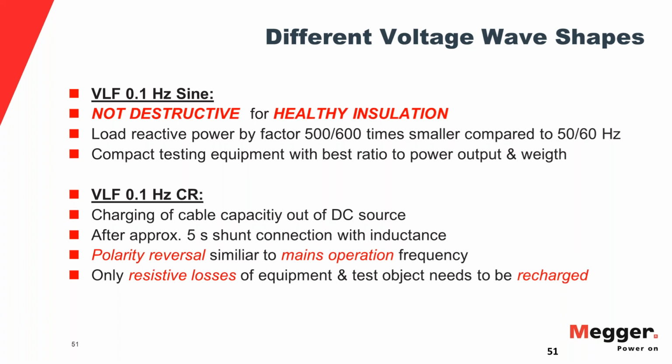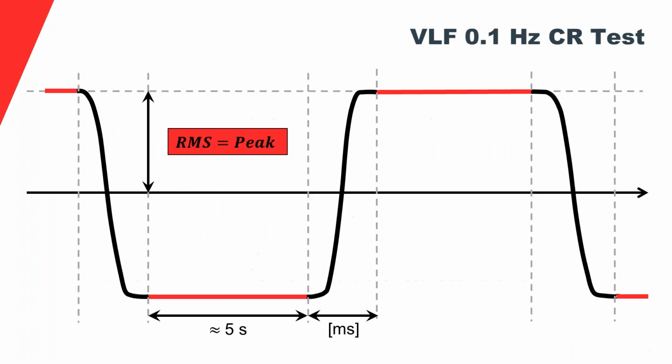And it's the same with VLF because of the frequency, the reactive component, the apparent power that you need to charge the cable is so much less. Now, the sine wave VLF is much different in terms of waveform than the cosine rectangular. So this is the cosine rectangular. You have a dwell time and then a swing over, which is the polarity reversal.